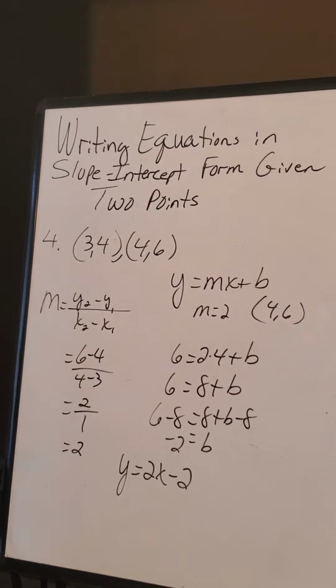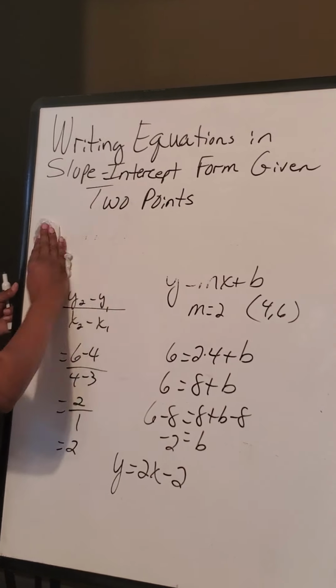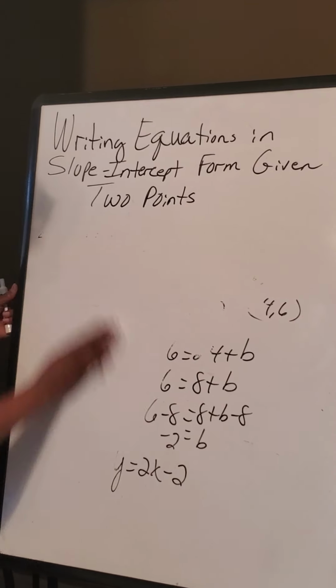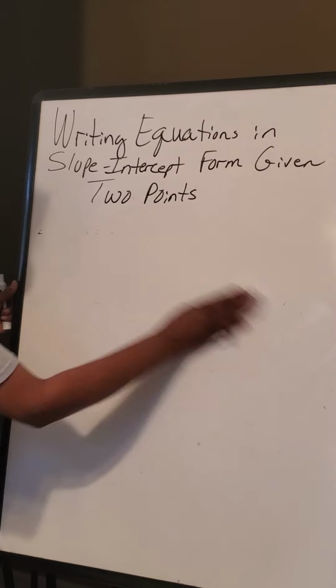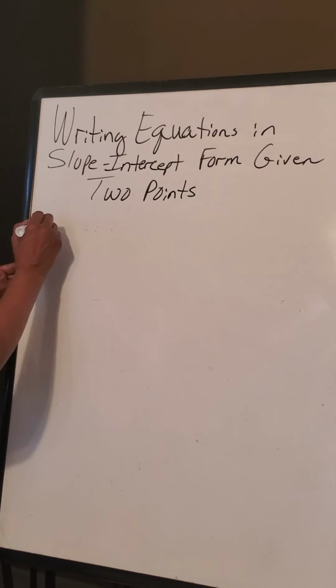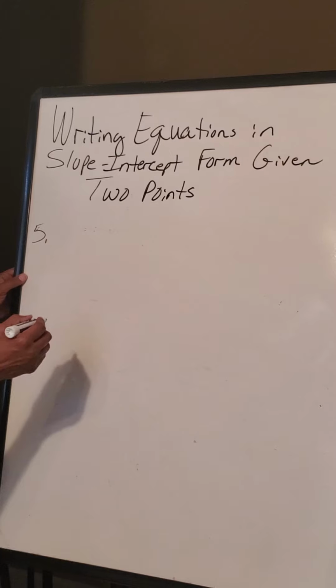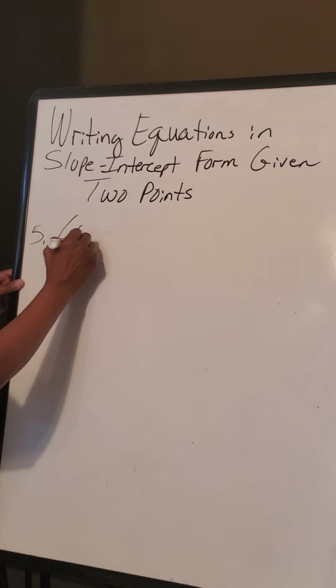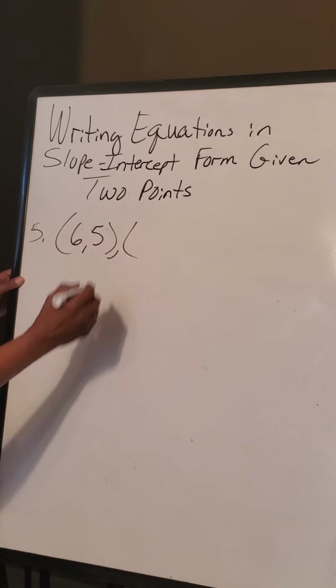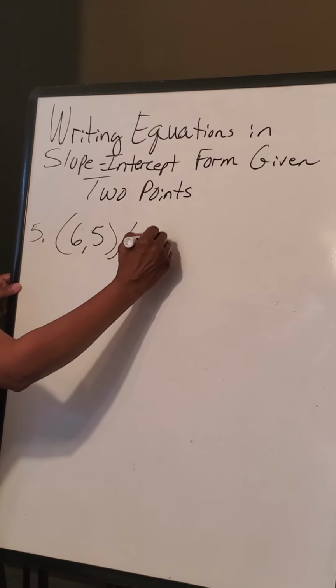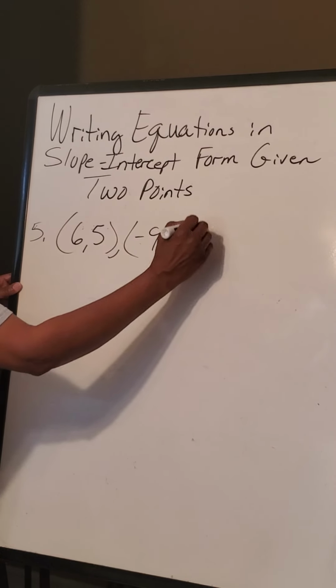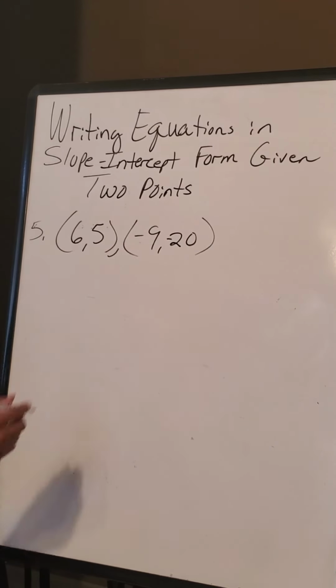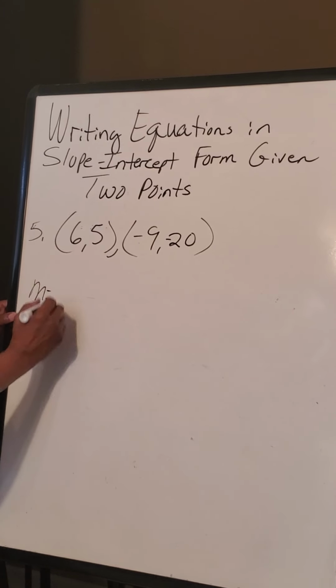And my last example, example 5. So on example 5, if I have the ordered pair (6, 5) and the ordered pair (-9, -20), again, find your slope.